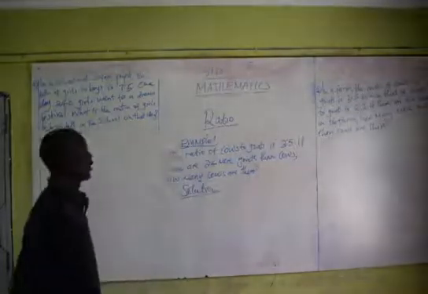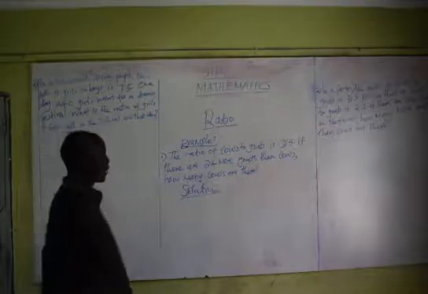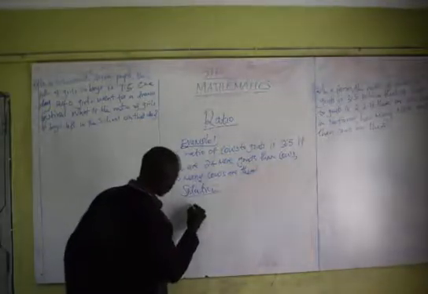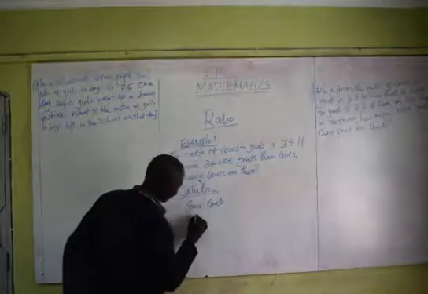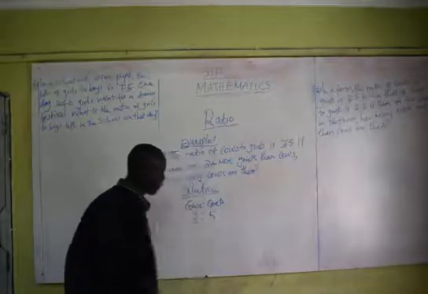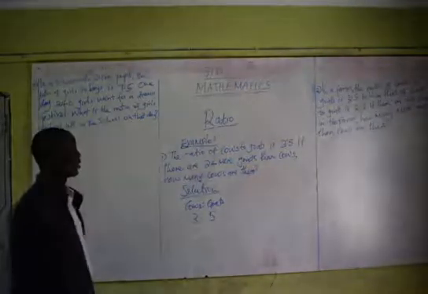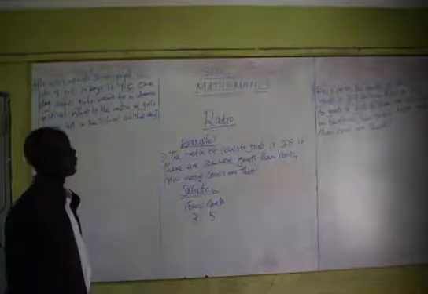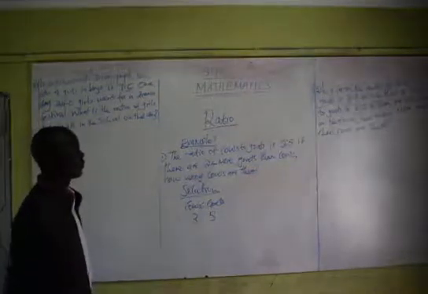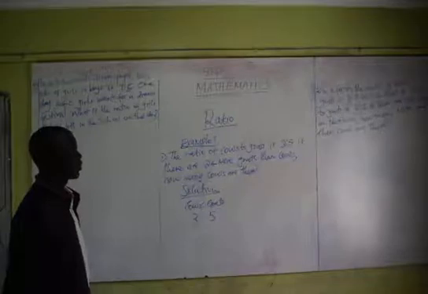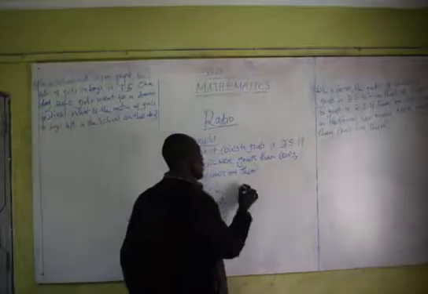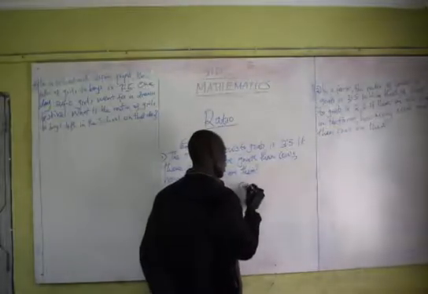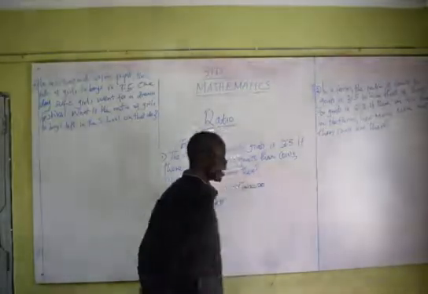We are saying that the ratio of cows to goats is 3 to 5. But we have 24 more goats than cows. So we can now say, let the number of cows be x.